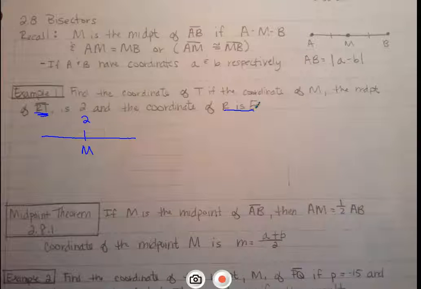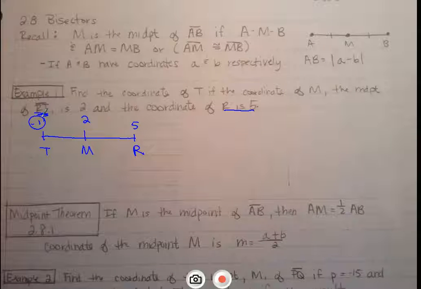Well, is R going to be to the left over here, or to the right? Yep, to the right. Okay, so here's R, and that's 5. So, can you figure out T? Yeah, we know T is -1 just from our picture.